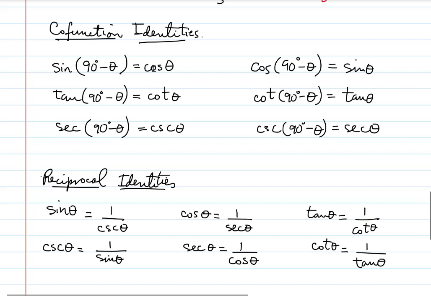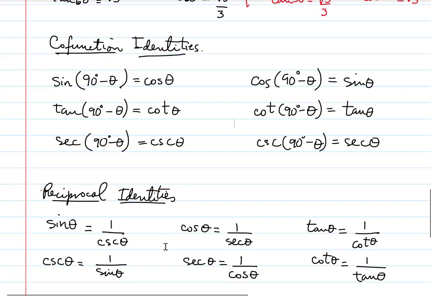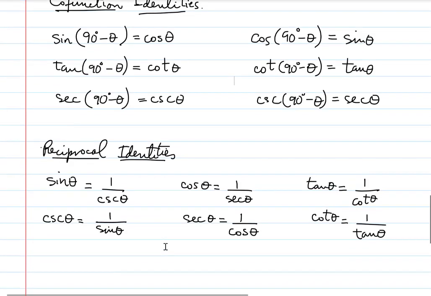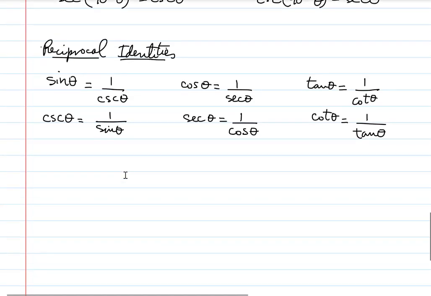Sine is cofunction with cosine. Okay, so that's different, and that yields different identities here. So just make sure you understand what the word reciprocal means, right? If you have a fraction, you're just flipping that fraction, or that number. So those are the identities.